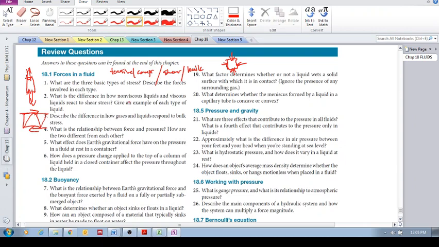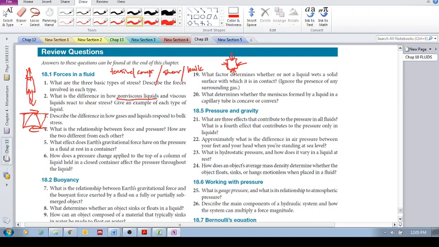2, what is the difference in how non-viscous liquids and viscous liquids react to shear stress? Okay, non-viscous liquids and viscous liquids. Non-viscous liquids cannot resist shear stress, cannot support shear stress. Viscous liquids can support shear stress.